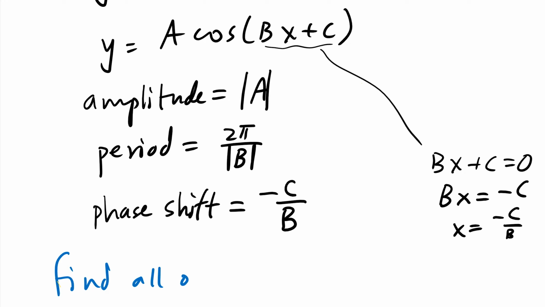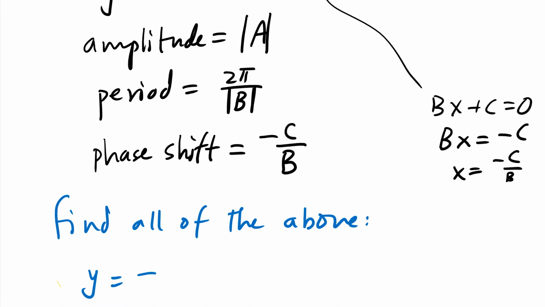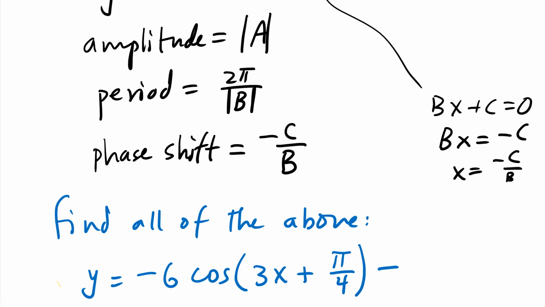Find all of the above for y equals negative 6 cosine of 3x plus pi over 4, minus 1.